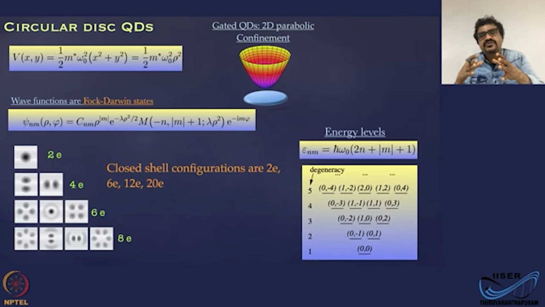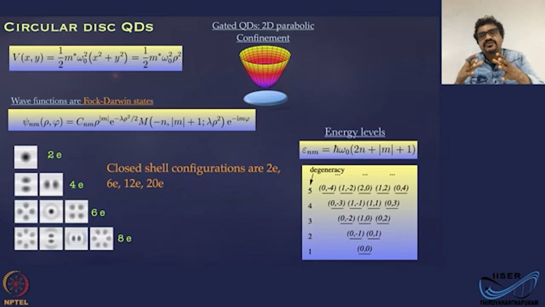They're best represented as parabolic confinement. So when you have a circular disk, what you have is a two-dimensional parabolic confinement, or the well is going to look something like this, or the dot is kind of the shape of a disk or a pancake, and the quantum well is going to look parabolic in all the directions in the XY plane.